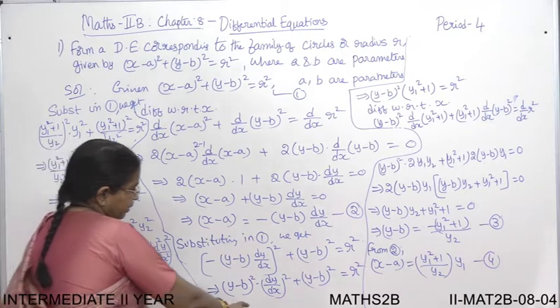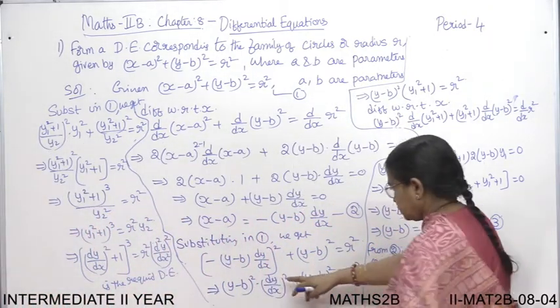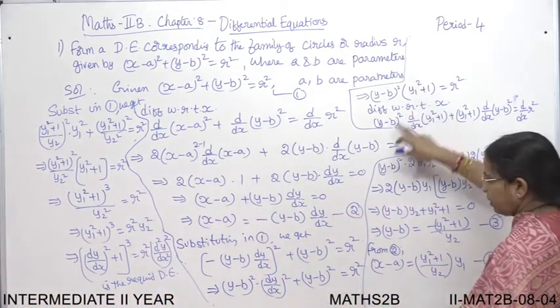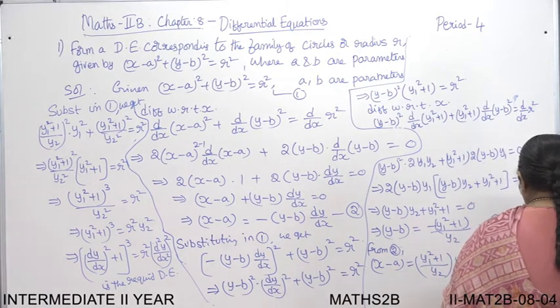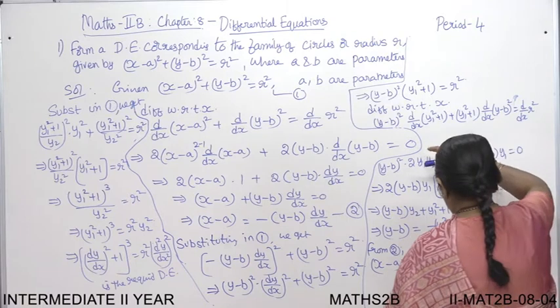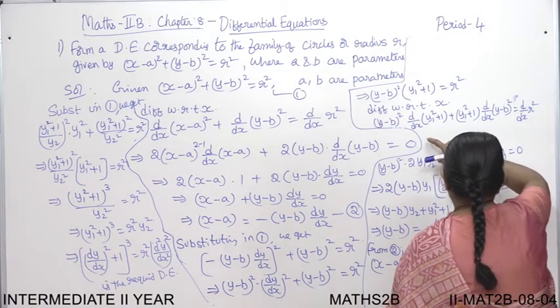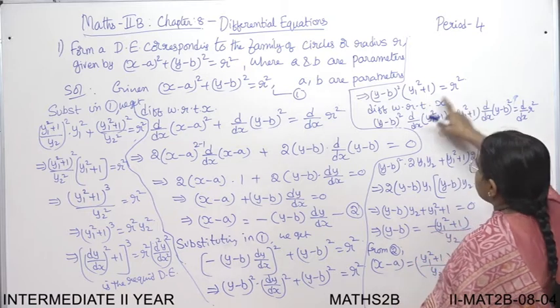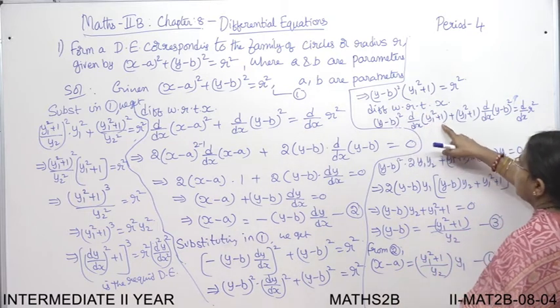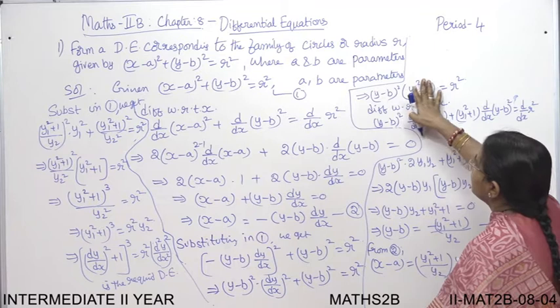So (y minus b) whole square into, this is y1 square, dy by dx I wrote as y1 square. And then it is (y minus b) into (y1 square plus 1) is equal to r square. Then again differentiate. This is in the form uv.